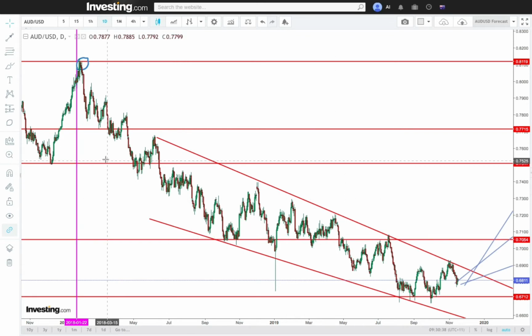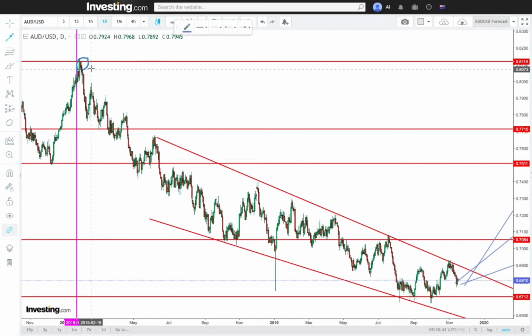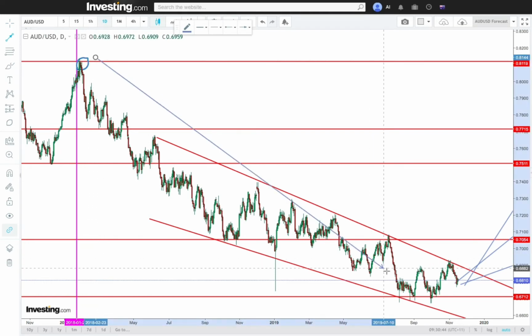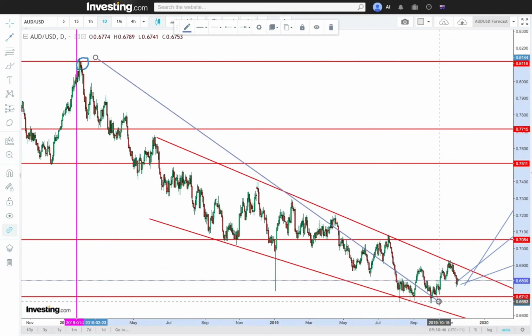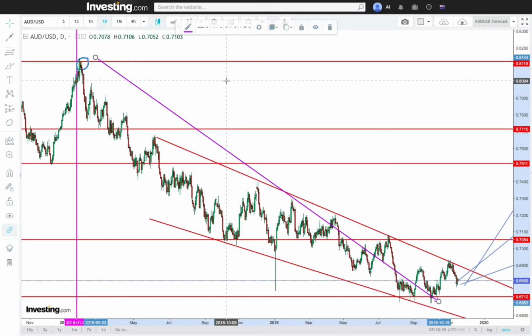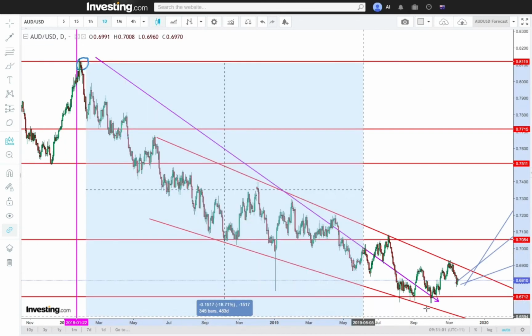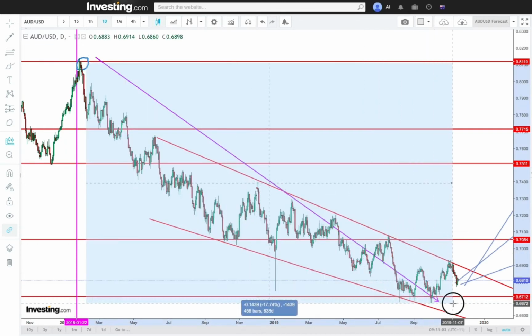Since then, this market showed no mercy towards the Aussie dollar. It did not show any kind of mercy whatsoever. Let me change the color. So it went down by how many pips from that point? About 1440 pips.